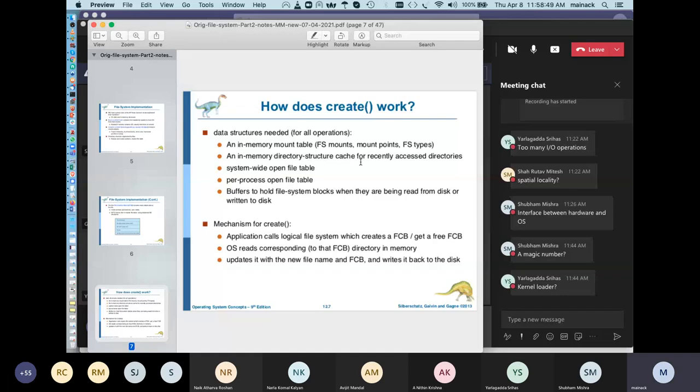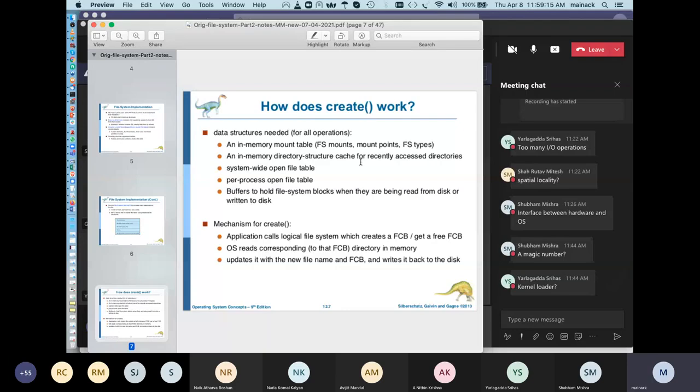So when I say open file table or anything in the operating system, for the operating system, a file is basically an FCB and inode. Anything you want to do with the file data, you do it on the inode, aside from exactly writing to the data blocks. Most operations for the operating system are based on manipulating the inode.